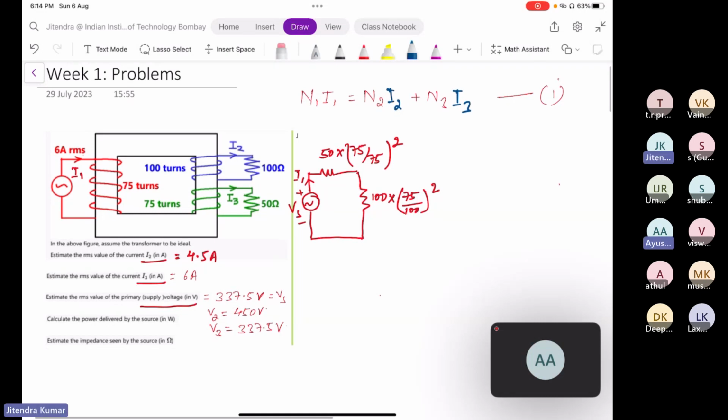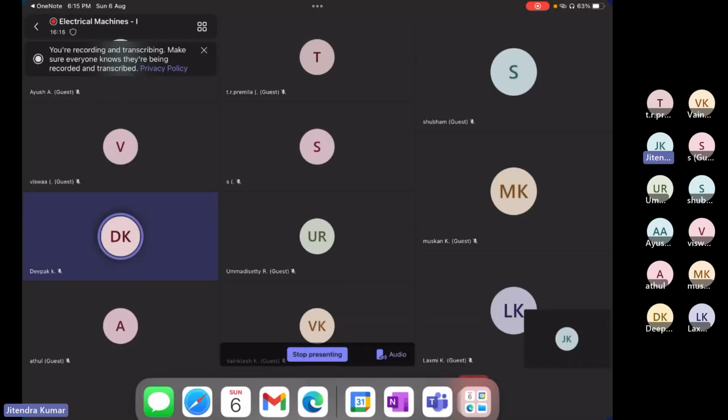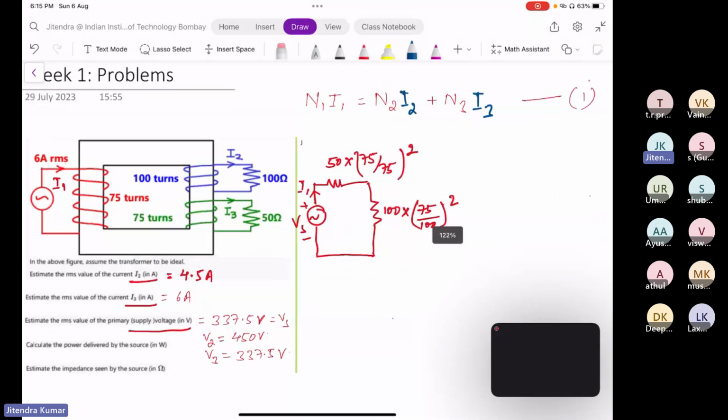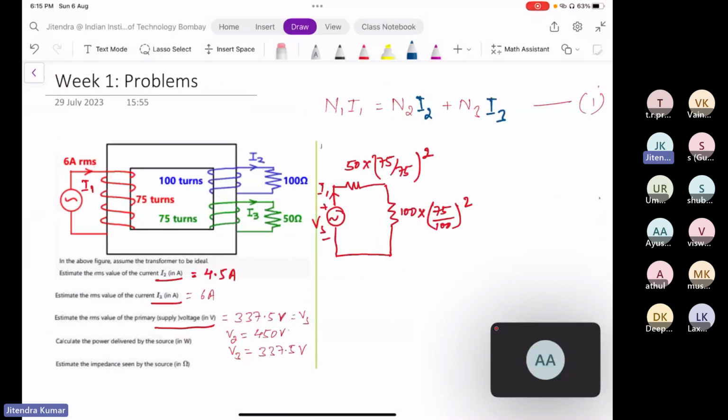Sir, using the transformation ratio. Basically, we have to use the concept of voltage per turns ratio, like the voltage across the 100 ohm is V2 and voltage across 50 ohm is V3.